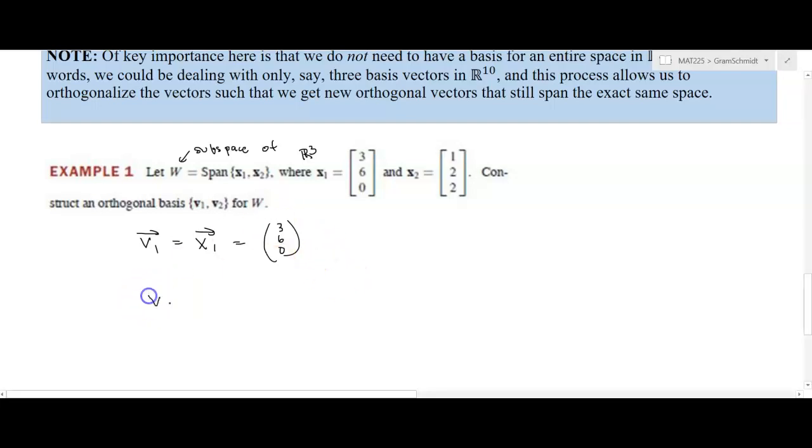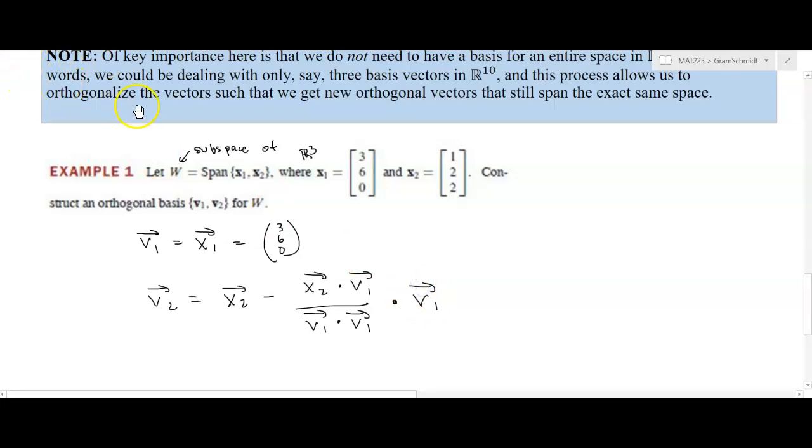So v2 is going to equal the x2 vector minus x2 dotted with v1 divided by v1 dotted with v1, multiplied by v1.